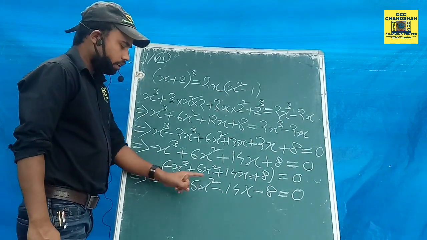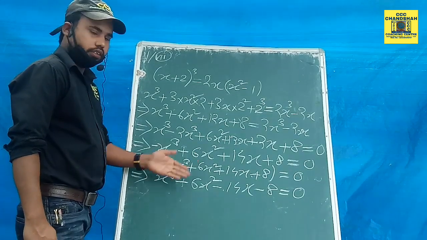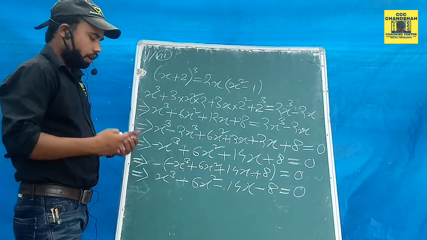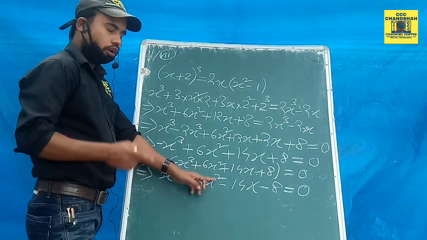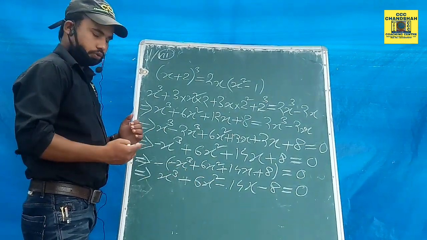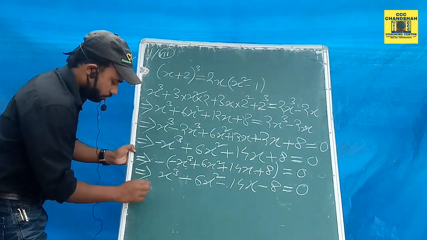It should be 2 only, not any other degree. If we want a quadratic equation, then the degree has to be only 2, not more than 2 or other than 2. Okay, now what could you see?